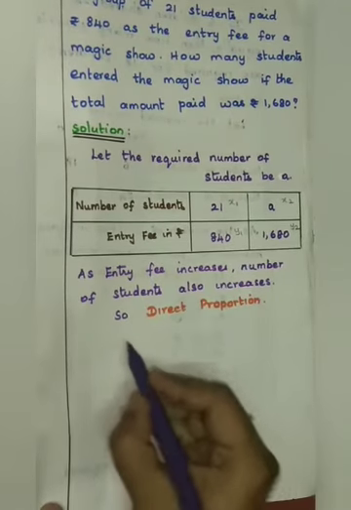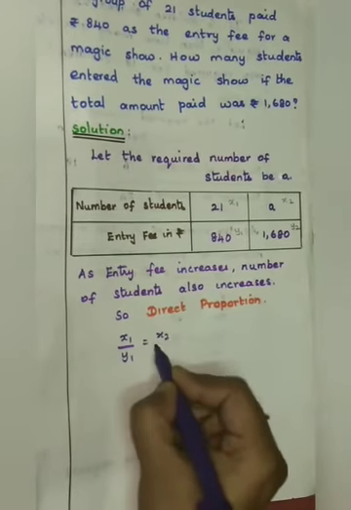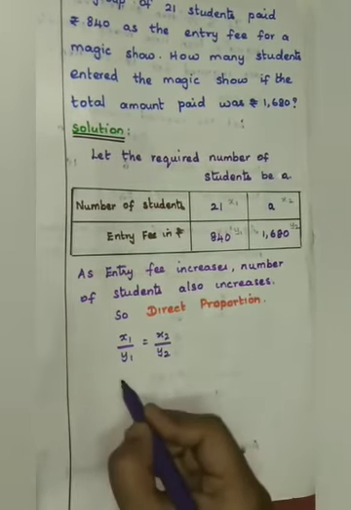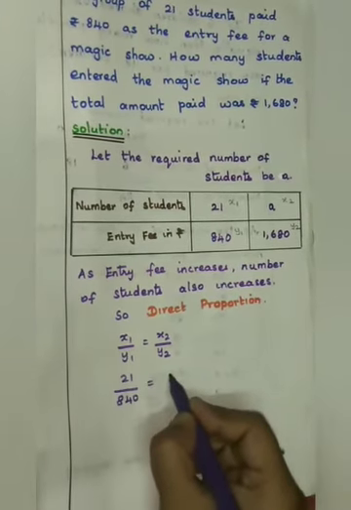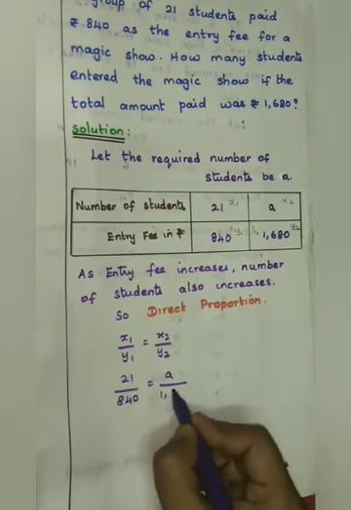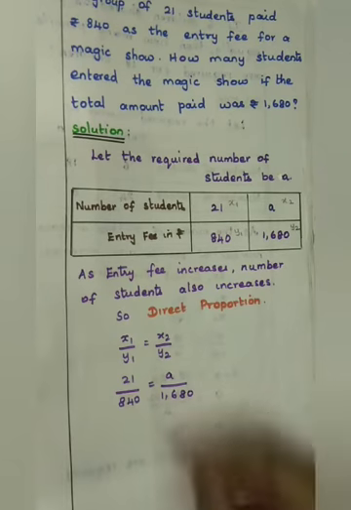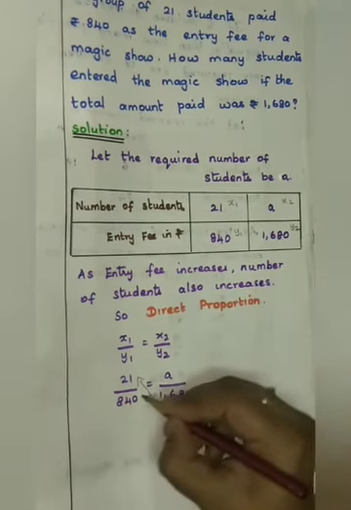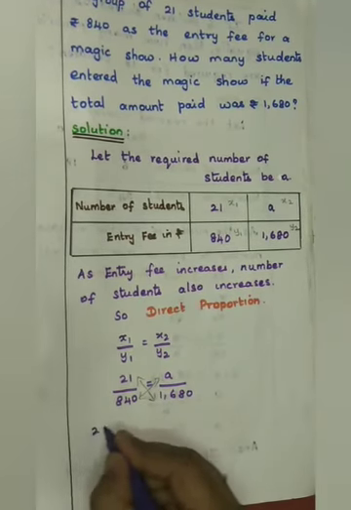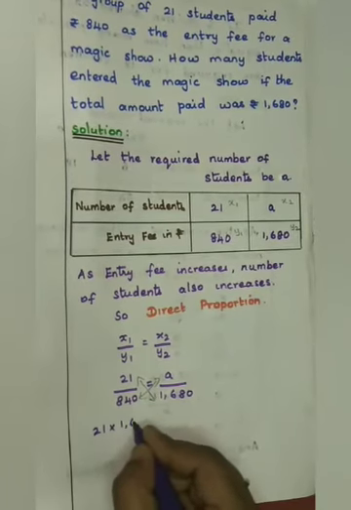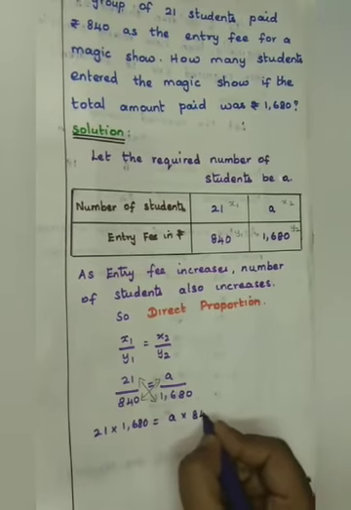In direct proportion, we know that x1 by y1 equal to x2 by y2. Substitute the values. 21 by 840 equal to A by 1680. Now cross multiply. 21 into 1680 equal to A into 840.